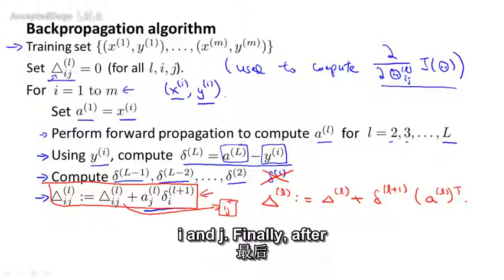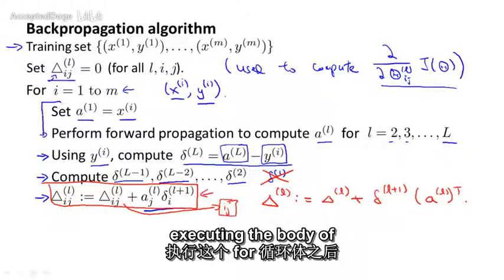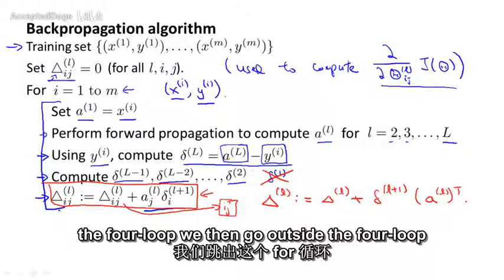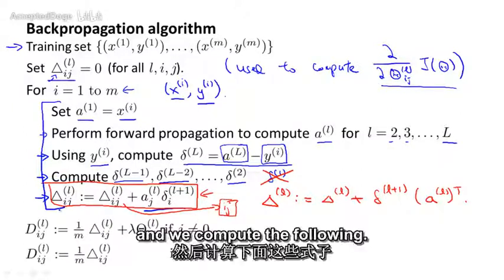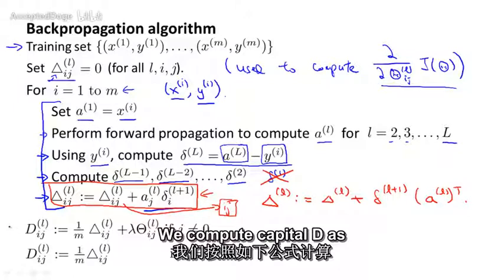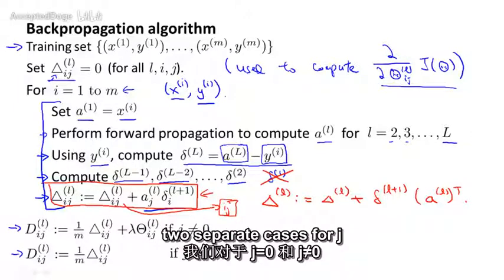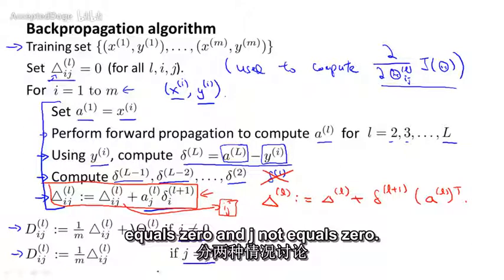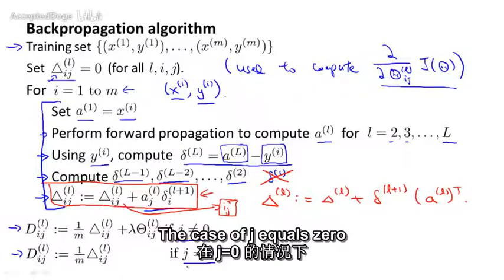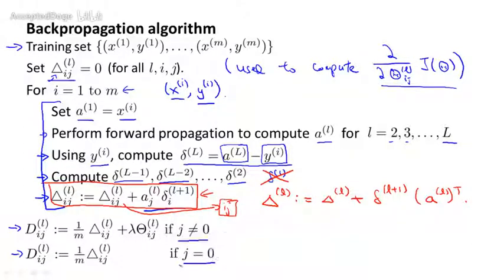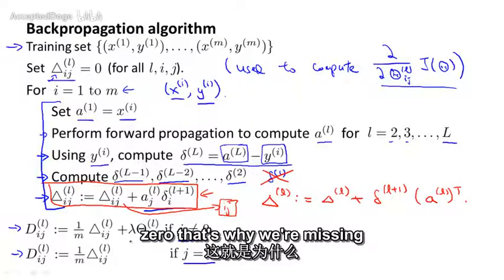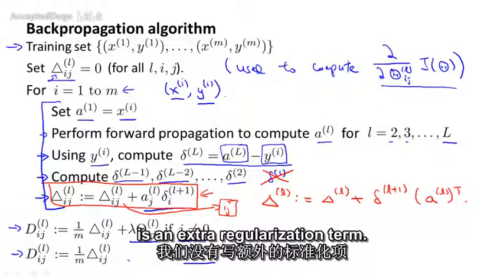Finally, after executing the body of the for loop, we go outside the for loop and compute capital D as follows. We have two separate cases, for j equals 0 and j not equals 0. The case of j equals 0 corresponds to the bias term, so when j equals 0, that's why we're missing this extra regularization term.